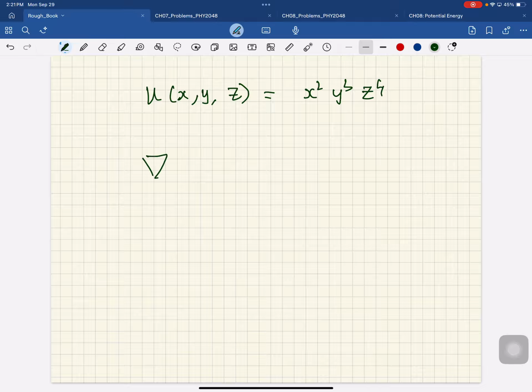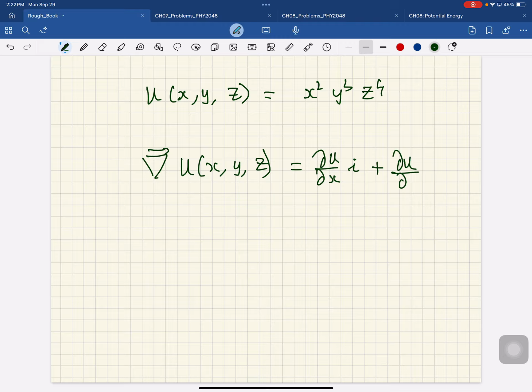The gradient of U is defined like so: del U by del x i, that's partial derivative, plus del U by del y j, plus del U by del z k.